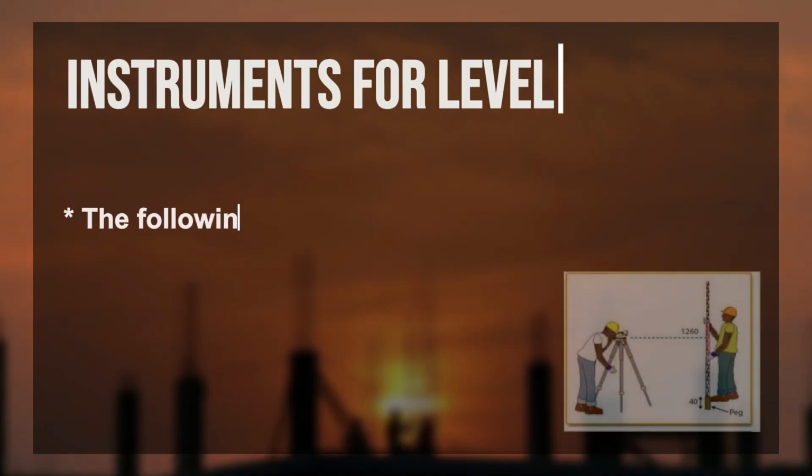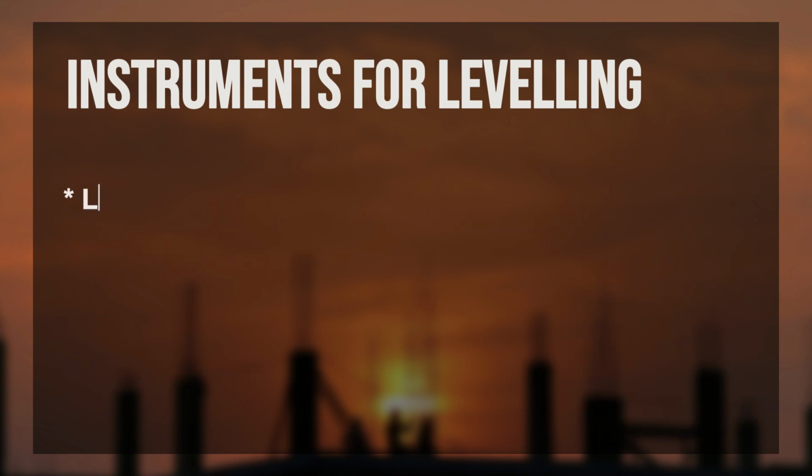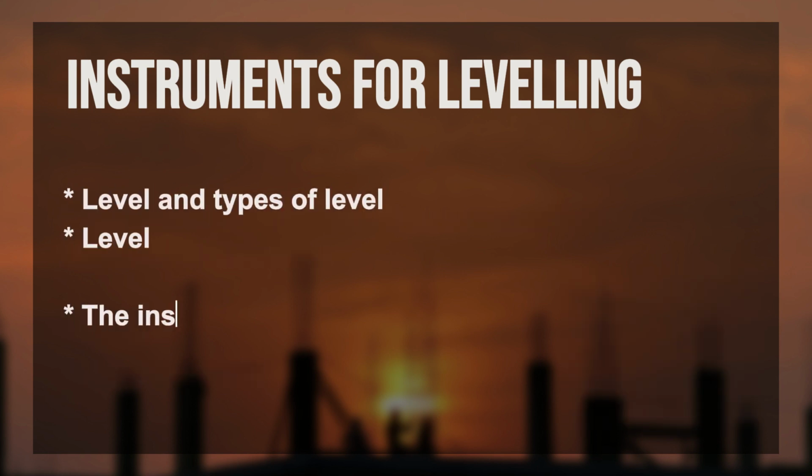The instruments for leveling: there are different instruments with the help of which the leveling operation is carried out. The important instruments that are used are, number one, the level, and number two, the leveling staff. There are a few more, but these two are the main instruments used for the purpose of leveling. The level and the different types of level.